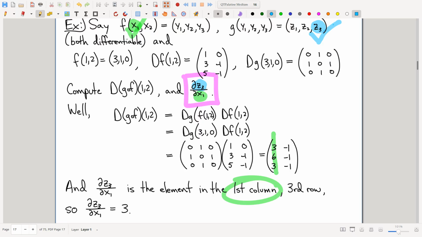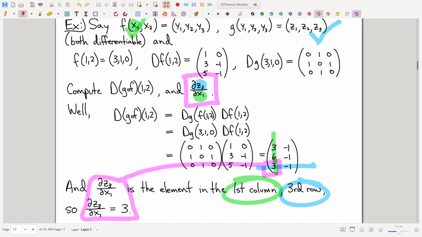You're looking for the third output partial derivative. You're going to be looking in the third row of that derivative matrix, and then what you're looking for is that number right there. How we doing? Everybody good? All righty. Good deal.